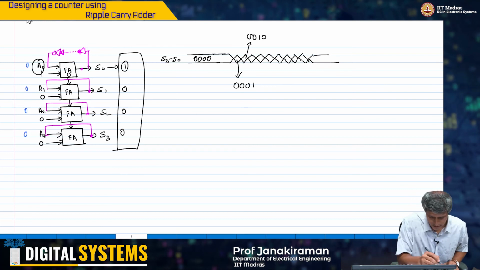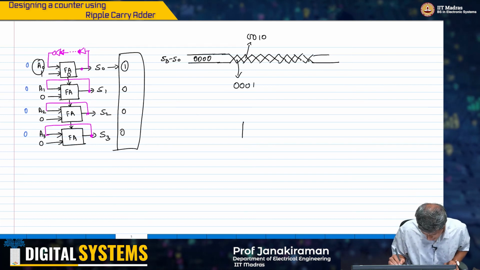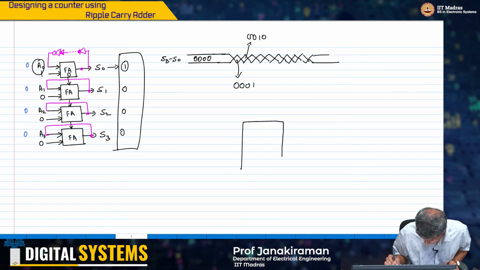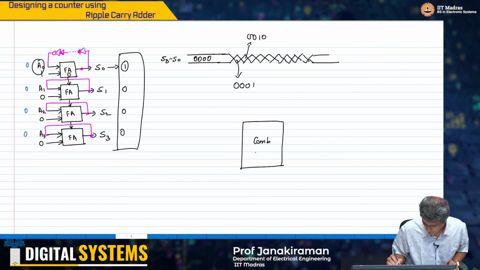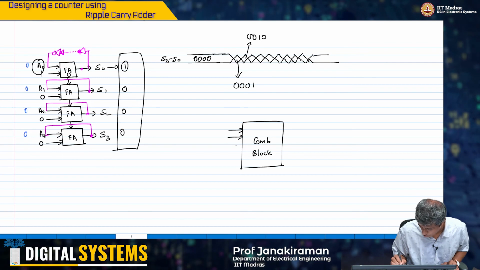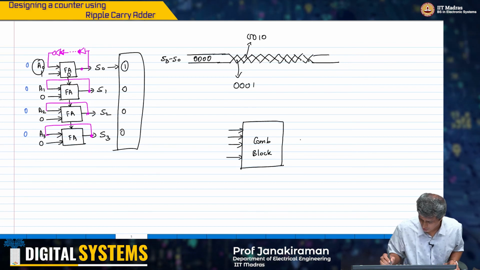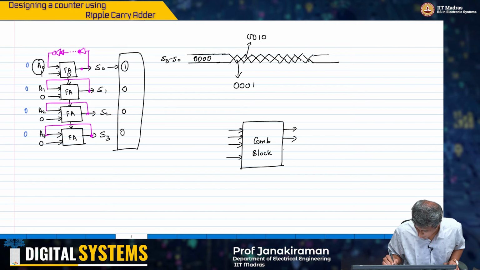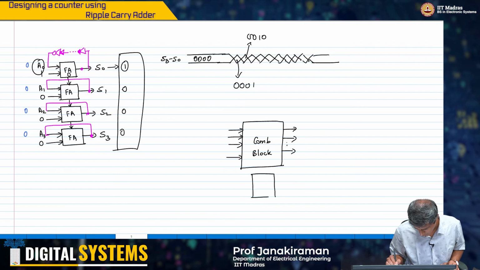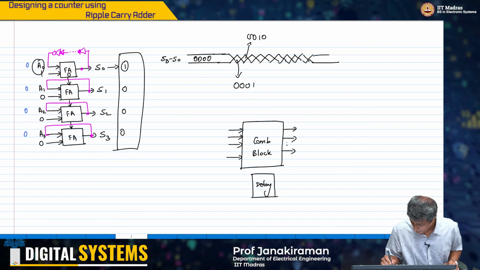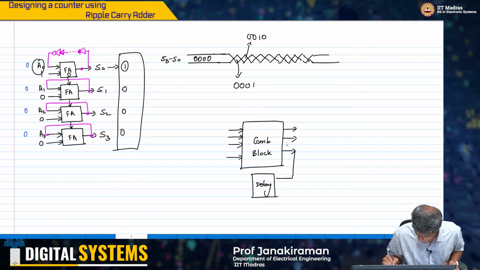So in some sense, what I want to do is take this combinational block, which has some inputs like this, some outputs like this. I want to introduce delay, and I am going to feed these outputs back like this.